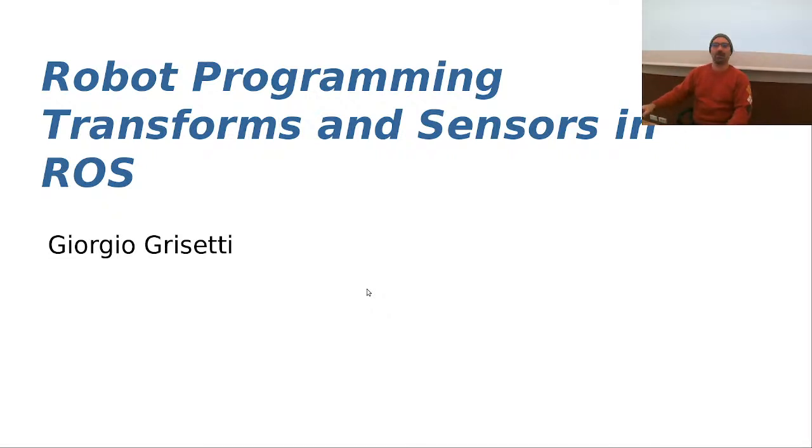Now, this robot, the one that I have on the table, has a very specific configuration. It has two wheels, has a laser scanner mounted on top, okay, and the laser scanner is mounted at a specific angle with respect to the wheel axis.